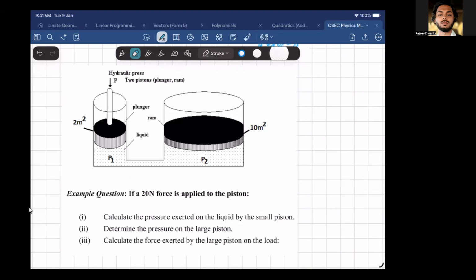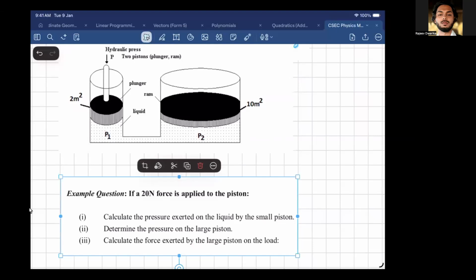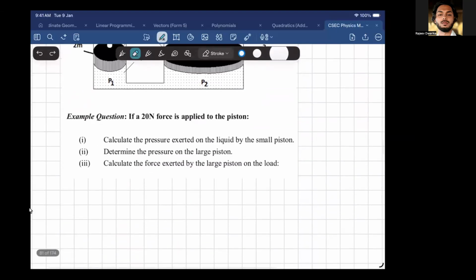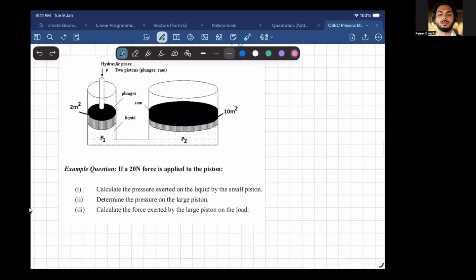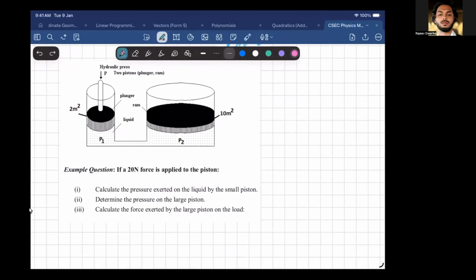All right. So Jaden, we're going to do working, right? These questions are easier than they seem. So Jaden, read part one for me. Calculate the pressure exerted on the liquid by the small piston. Okay, and what did they give us in the question?